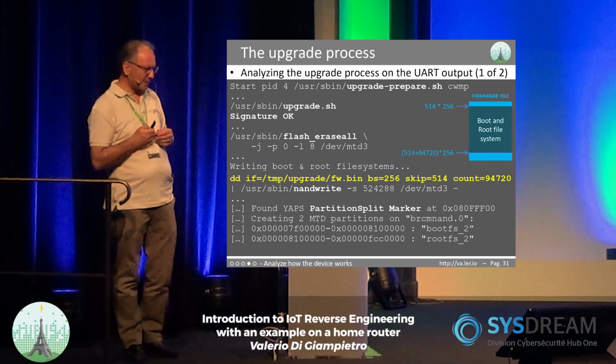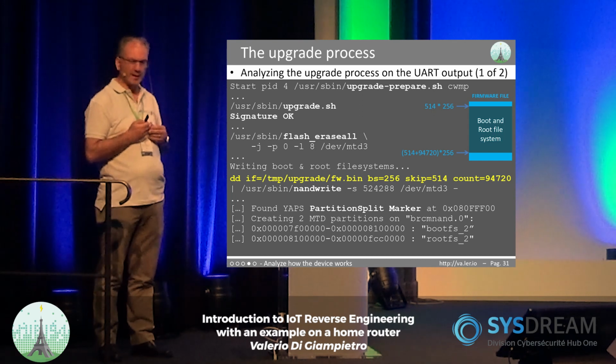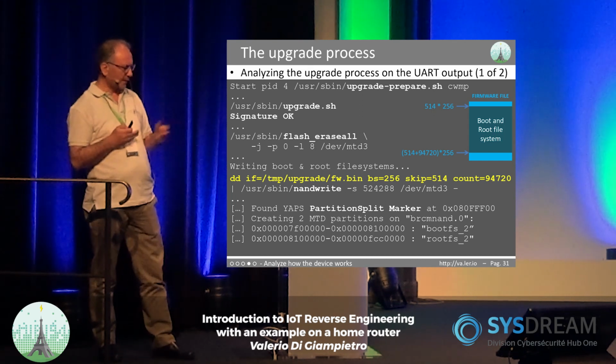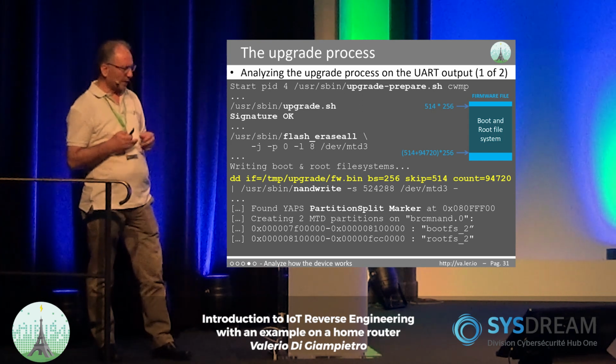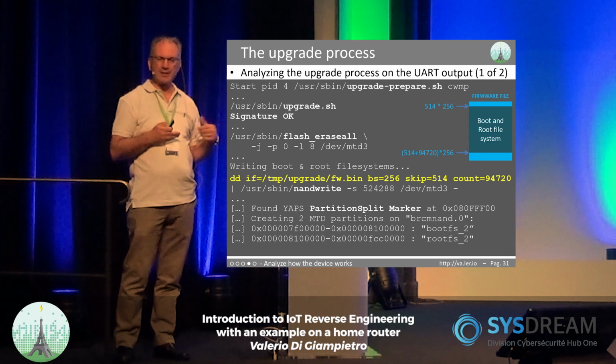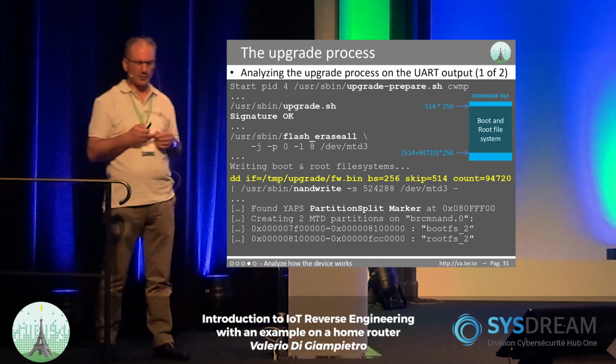After this, some kernel module does a partition split on the fly and creates two new partitions that are bootfs2 and rootfs2. Looking at parameters in the dd command, we can identify where in the firmware file the boot and root file system are located.